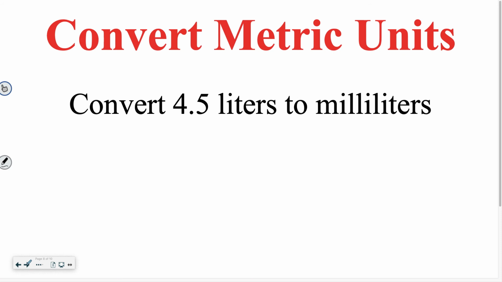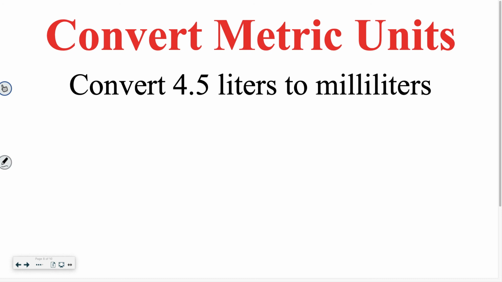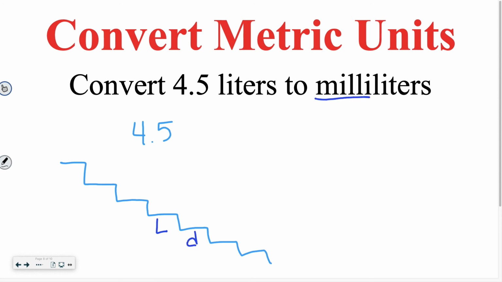Okay, now let's try a couple of metric ones. We have 4.5 liters to milliliters. So if we quickly draw those stairs, in the middle we have liters, and we're getting smaller. Remember, that's smaller. And then this is where I started, milliliters.